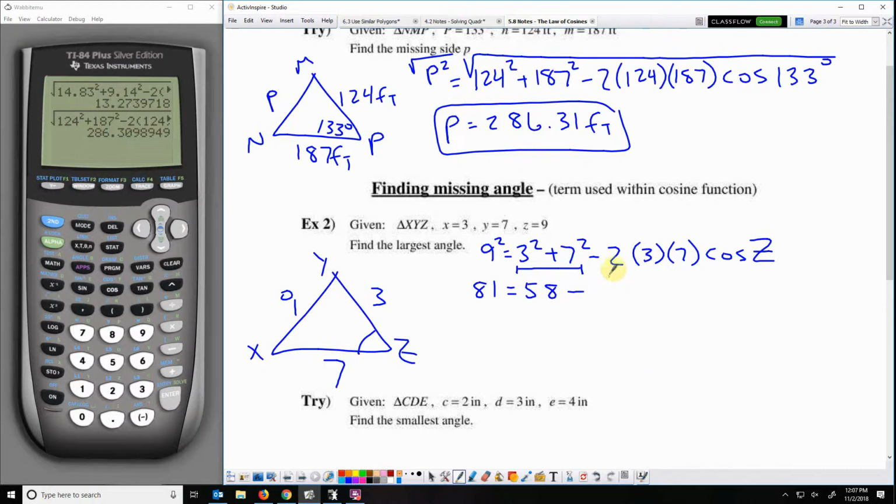And then I can multiply 2 times 3 times 7, so 2 times 3 is 6, times 7 is 42, cosine Z.